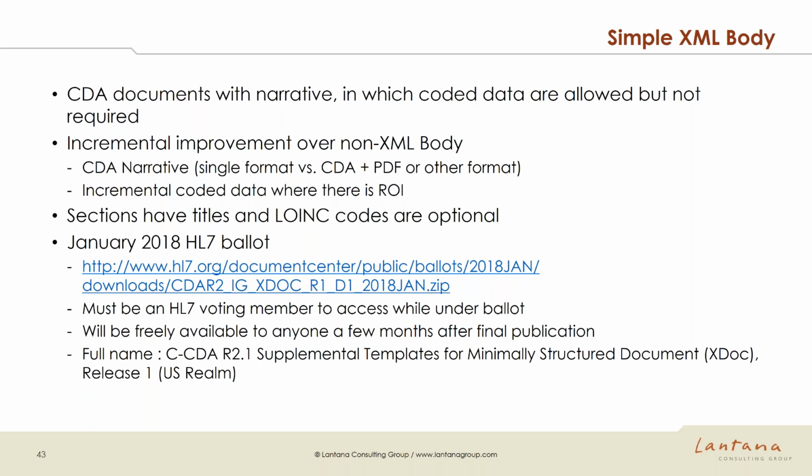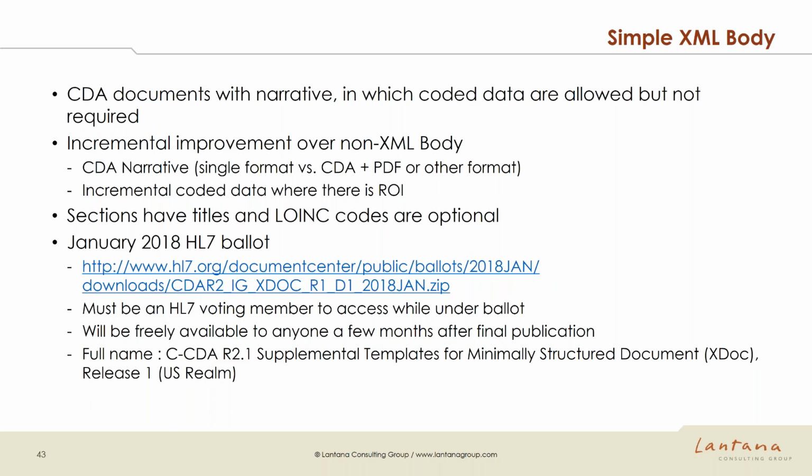So this is currently up for ballot. The URL is listed here, but I do want to note that even though non-members to HL7 can vote in the HL7 ballots, you have to pay a fee to do that. But unfortunately for this particular one, the actual ballot sign-up period has closed.